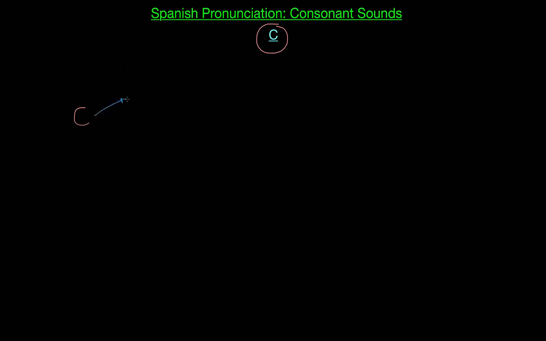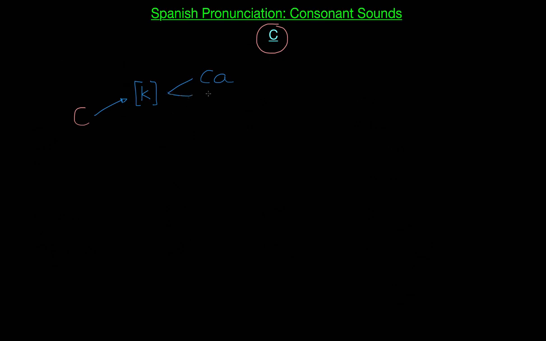One possible pronunciation is k, a bit similar to a K. When am I going to pronounce this letter as k? In three cases. When this C is before an A, this will be ka.